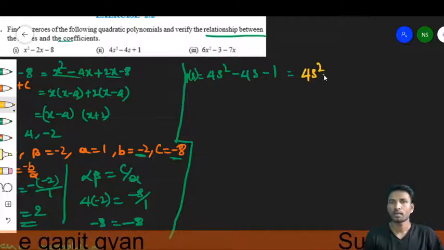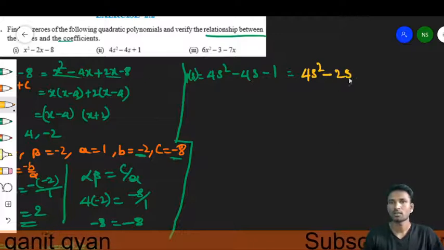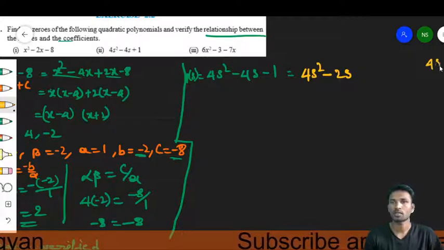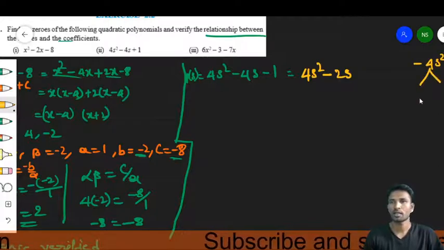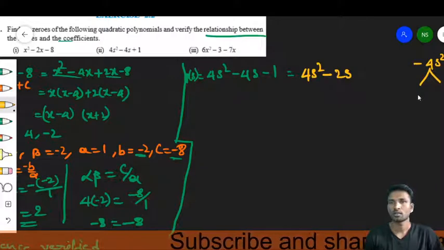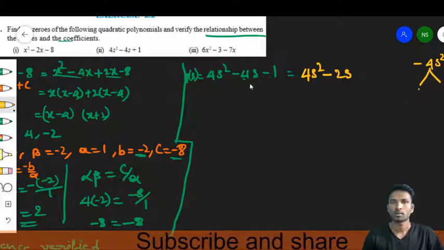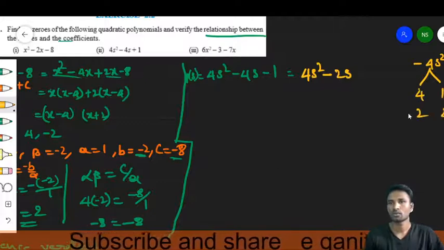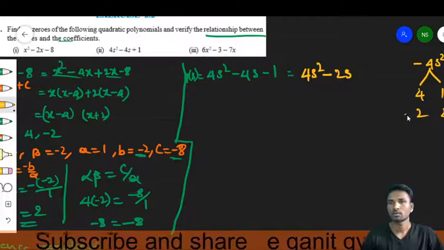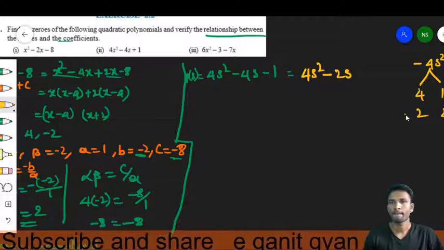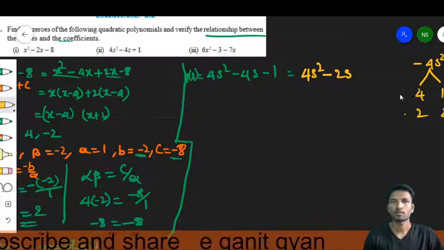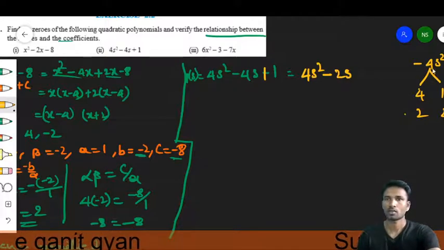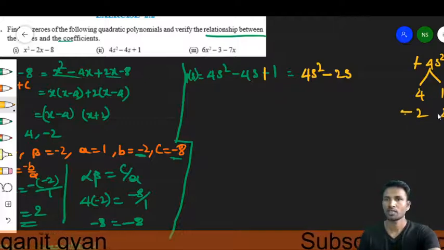I need to split the middle term by multiplying 4s square and 1, which gives 4s square. 4 times 1 is 4, and 2 times 2 is 4; since it is plus 1, we get plus 4 here, with minus 2 and minus 2.